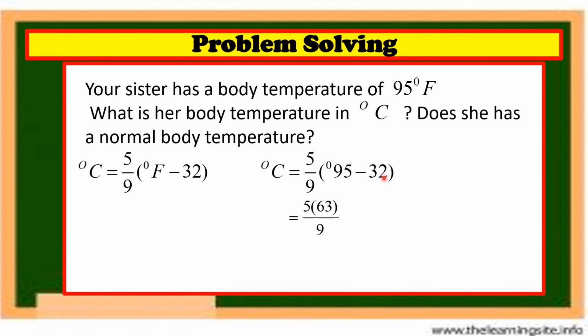And 63 times 5 is 315. And 315 divided by 9 is 35 degrees Celsius. Does she have a normal body temperature? Yes, the temperature is normal. It is no longer normal if it is more than 37 degrees Celsius.